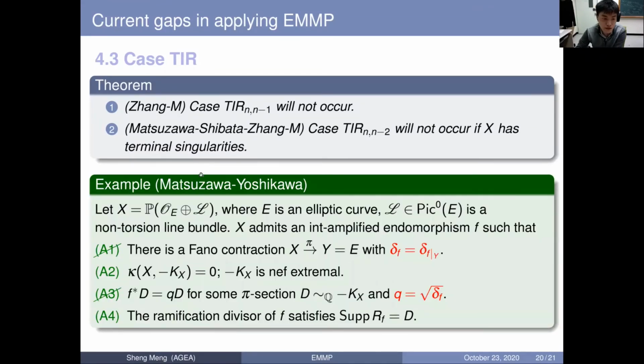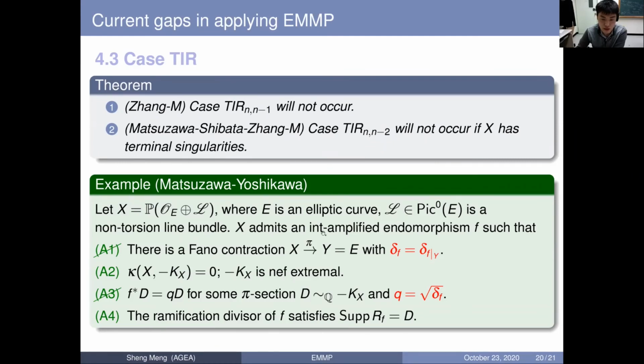Here is an interesting example proposed by Matsuzawa and Yoshikawa. They consider the ruled surface over an elliptic curve defined by a decomposable vector bundle. Here, L is a numerically trivial line bundle, but non-torsion.